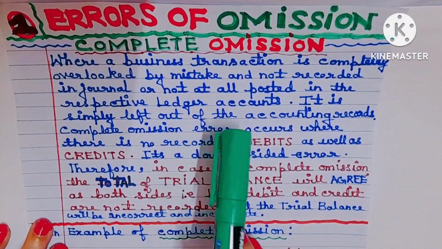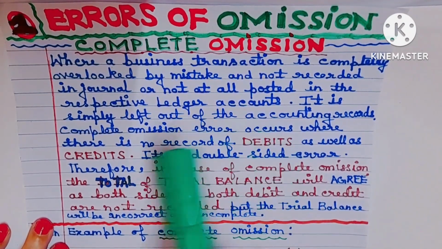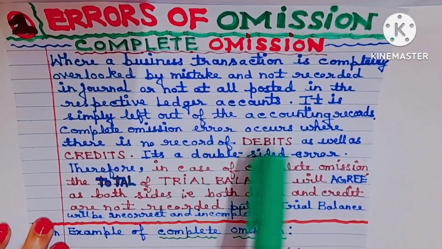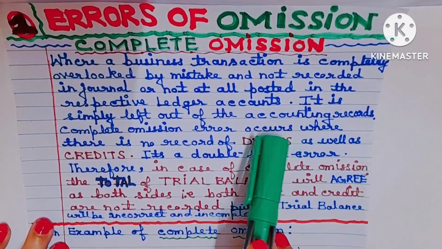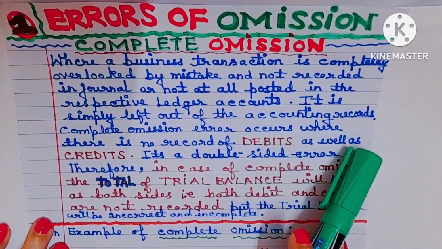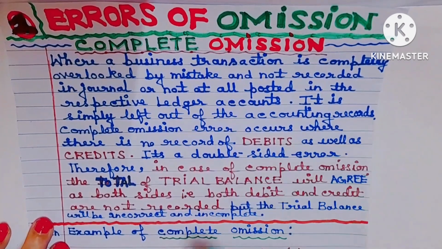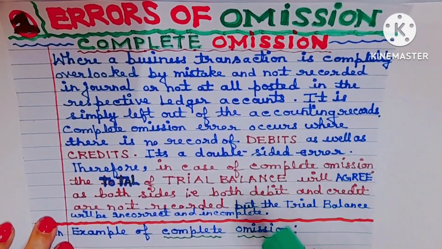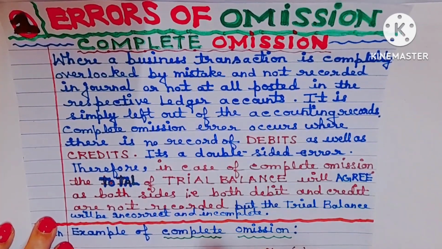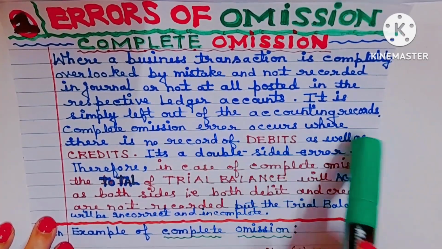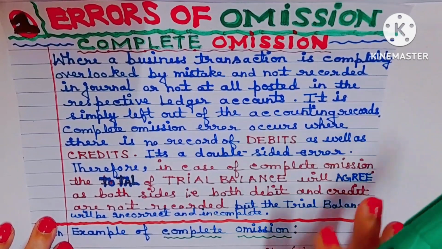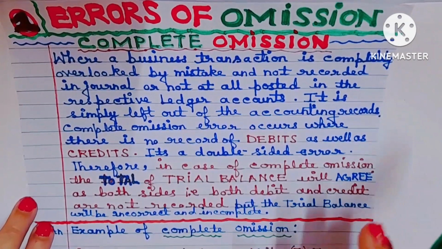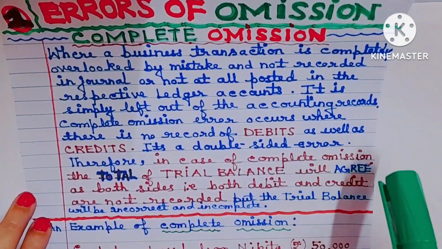If no entry is recorded on the debit side of the trial balance and no entry on the credit side, trial balance will definitely agree. But trial balance will be incorrect and incomplete. And I will show you if there is no records of debits as well as credits in the journal, the trial balance will agree. I will show you with the help of trial balance.